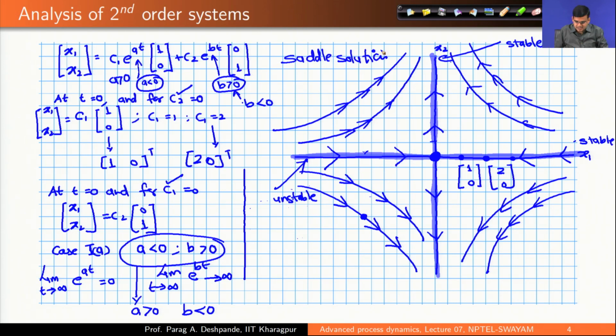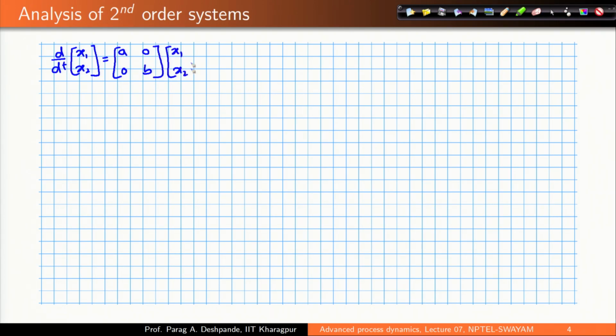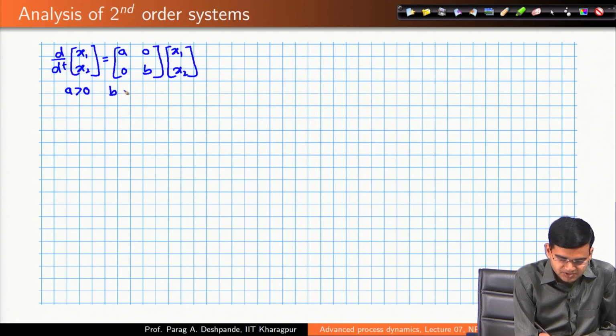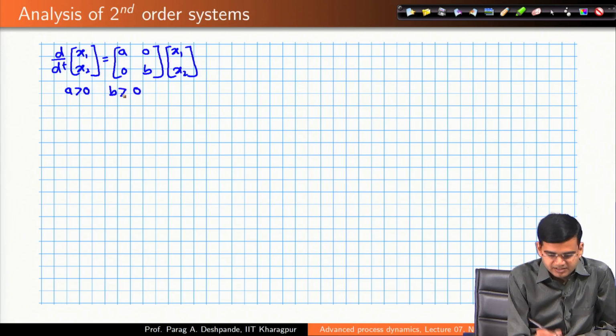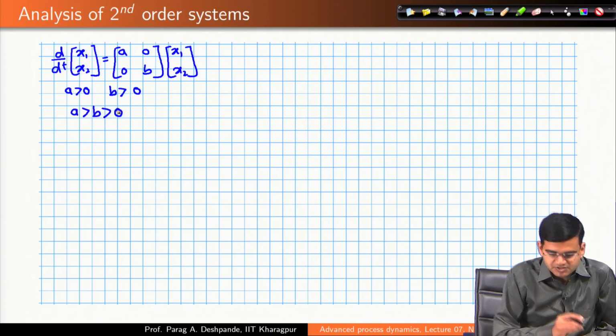Now, we take another case where our equation is d by dt of (x1, x2) equal to the matrix (a, 0; 0, b) multiplied by (x1, x2). Now, you have a greater than 0 and b also greater than 0, and you can write a greater than b greater than 0.